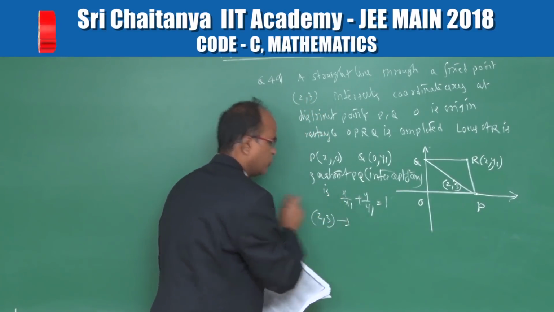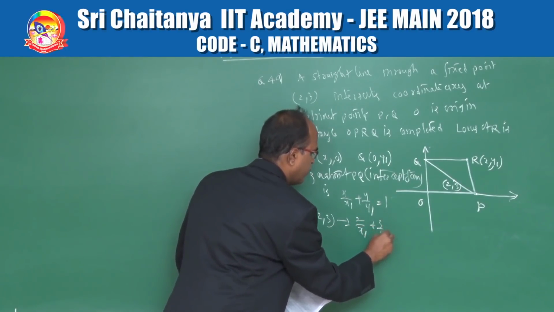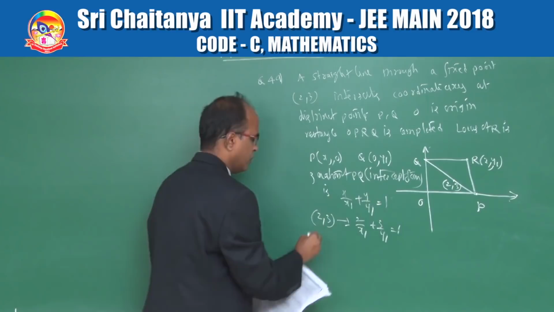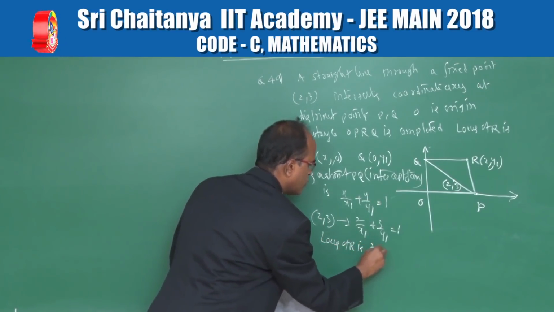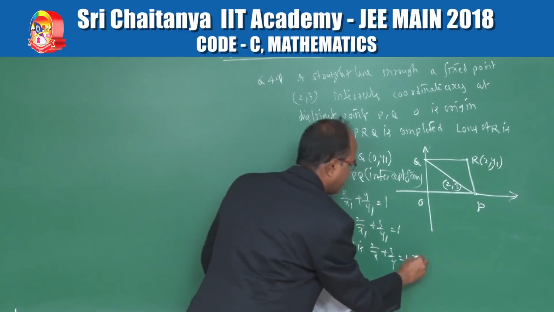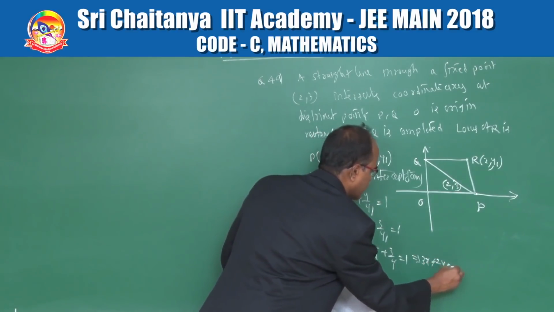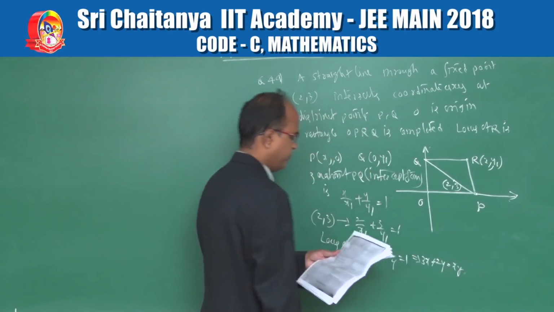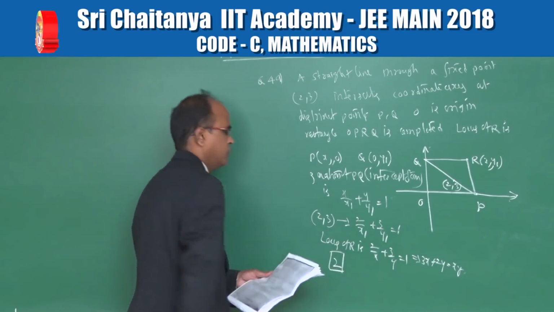Therefore, you substitute (2, 3) here, giving you 2/x1 + 3/y1 = 1. Therefore, the locus of R is 2/x + 3/y = 1. It simplifies to 3x + 2y = xy. Therefore, option 2 is the correct answer.